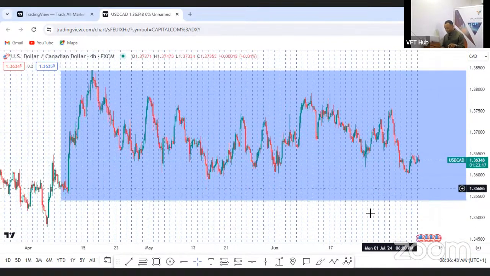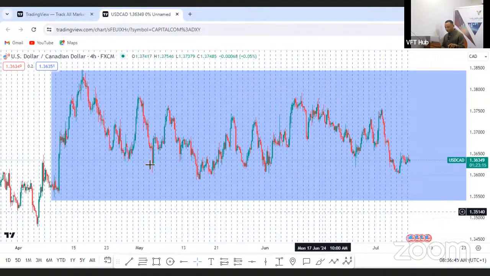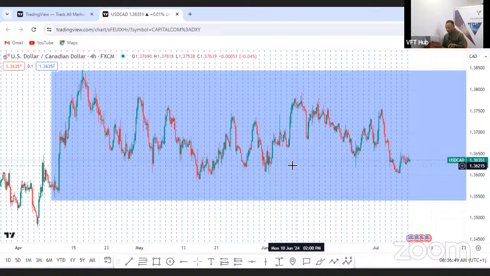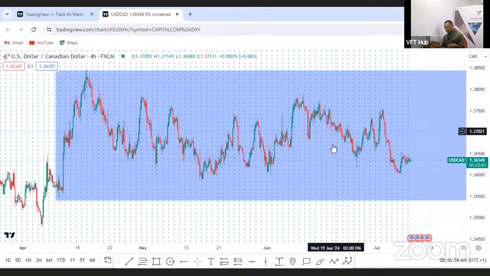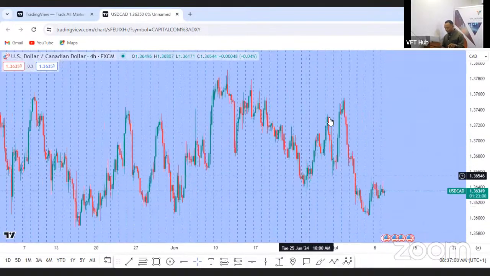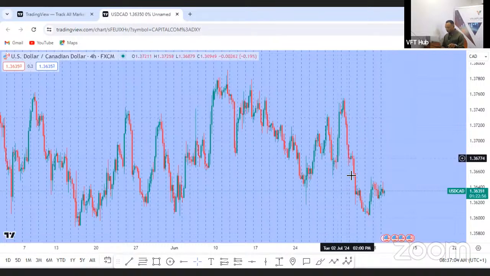Now on USD CAD, you can also see on the 4-hour time frame, it's still caught up in this range. This kind of range is what I would try to avoid as much as possible because you may end your account during this period. For instance, if you're looking at this range as a buy range from here to this level, you can see it switch back to a sell.